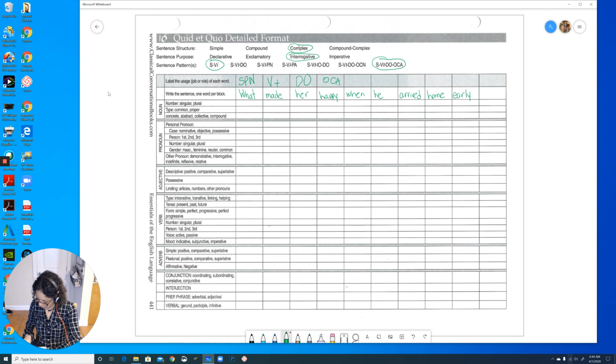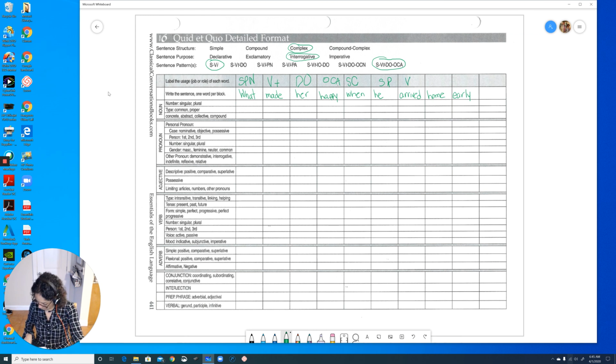When he arrived home early, subordinating clause, right? And it's telling us when, so it's going to be an adverbial subordinating clause. When is our subordinating conjunction, right? That's our conjunction right here. I'll put a little S, subordinating conjunction. Who arrived? He. So that's our subject pronoun. What is being said about he? Arrived, right? He arrived.